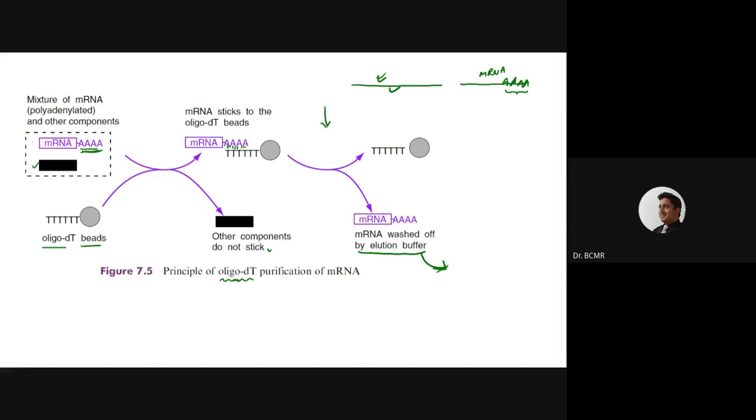So the steps go like this: you will first isolate total RNA. Total RNA consists of both mRNA and non-coding RNAs. Using oligo-dT, you will have isolated the mRNA like this. And then from here, you would try to synthesize cDNA.